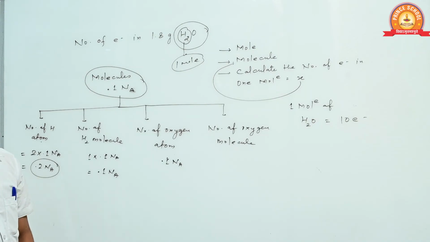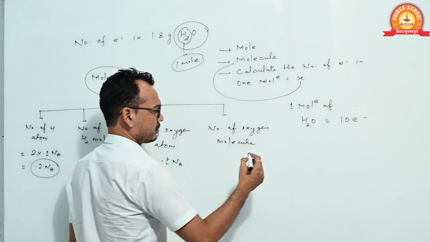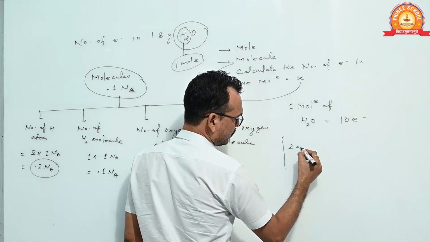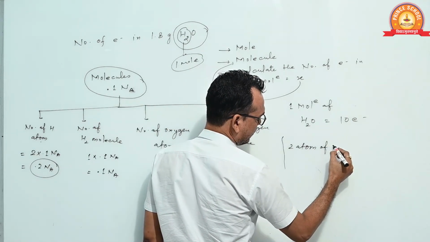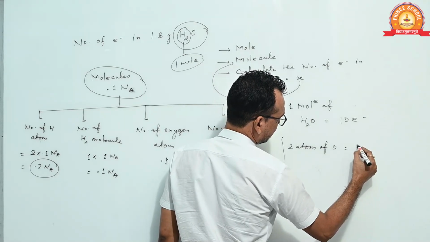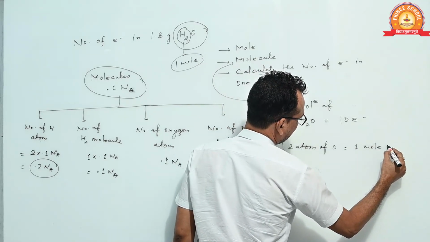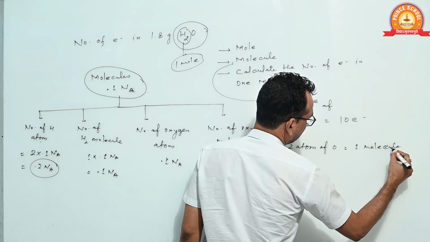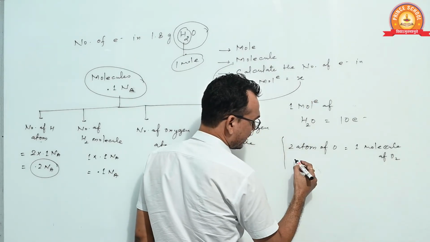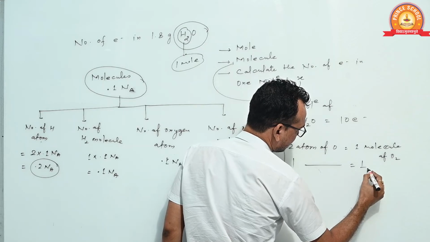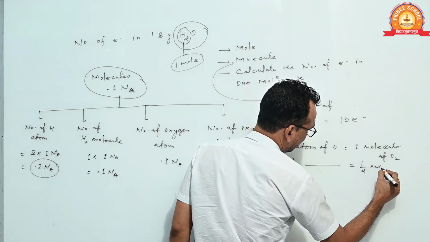Number of oxygen molecules. One molecule of H2O contains one atom of oxygen and we know that 2 atoms of oxygen form 1 molecule of O2. Then 1 atom of oxygen represents 1/2 molecule.